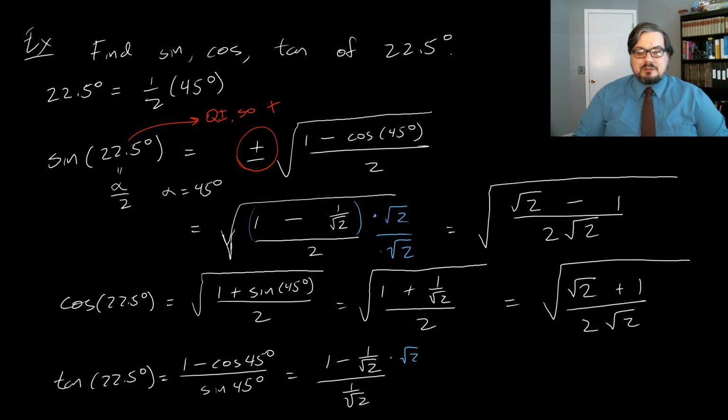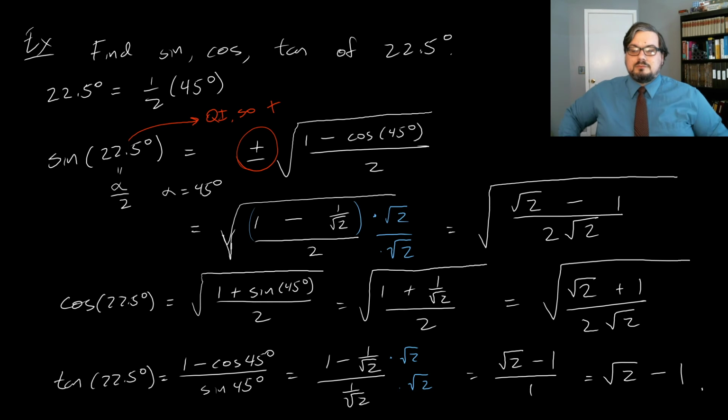Again, multiplying the square root of 2 in the numerator and denominator gives us that this is square root of 2 minus 1 over just 1. So we just get square root of 2 minus 1. So in fact, the tangent of this angle is a whole lot simpler to express than either the sine or the cosine, interestingly enough.